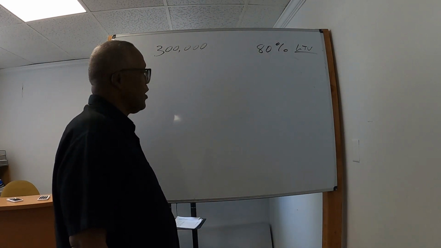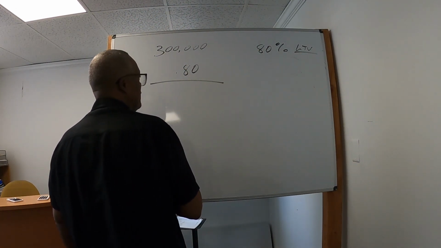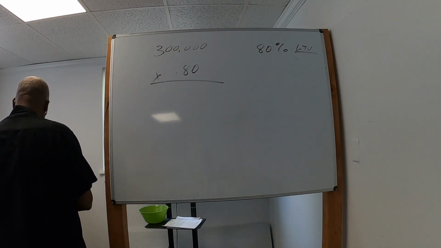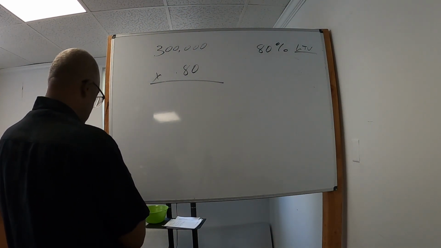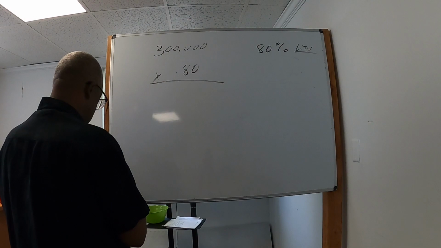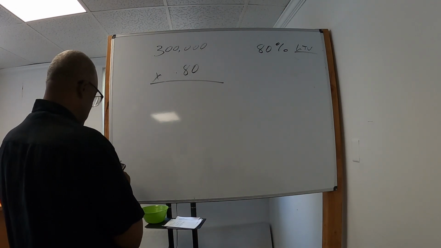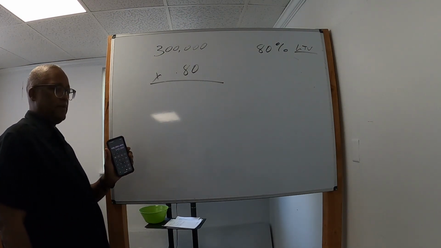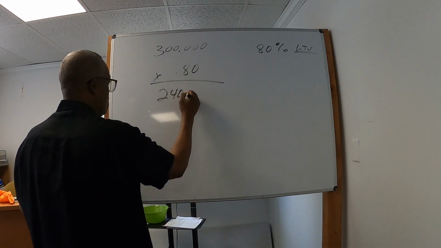So all you're going to do is take that 80%, 0.80, and multiply that by whatever percentage they give you. So we got 300,000 times 80%. There you go. Your loan amount is $240,000.